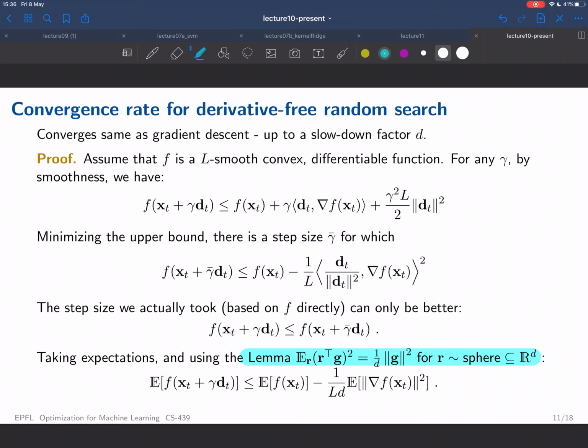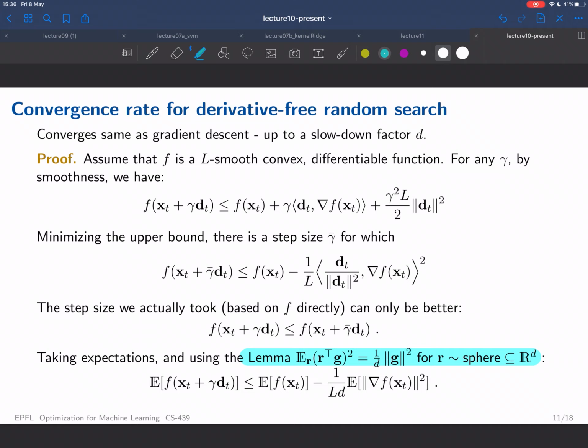So in expectation, because D is random, this is 1 over d times the norm of the gradient squared, and that's exactly what I put here. So we're done. The gradient norm squared is exactly what you had in sufficient decrease. So it's the same as we know already, the same result as in gradient descent: 1 over L times the gradient norm squared, exactly sufficient decrease, except there's now the 1 over d.